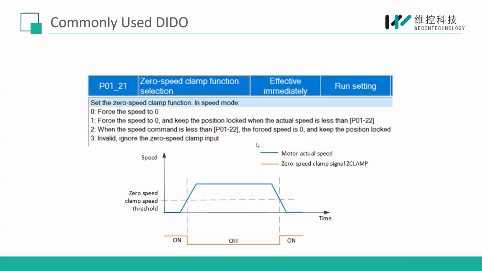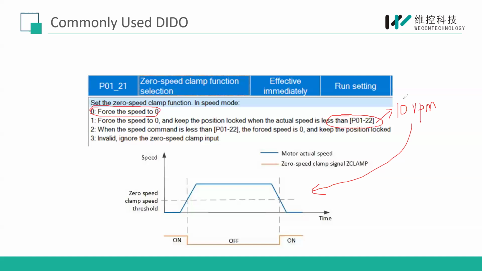For example, if we set P1-22, this is another parameter, for example, as 10 RPM, and here we set P1-21 as 0, default 0.